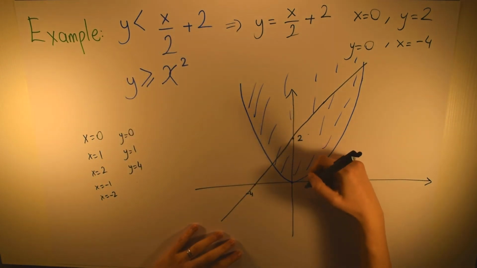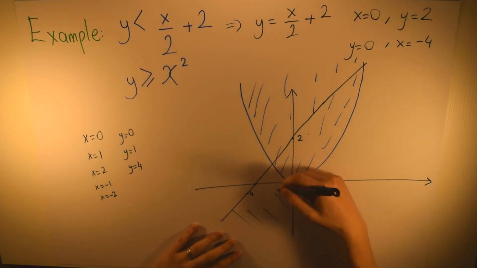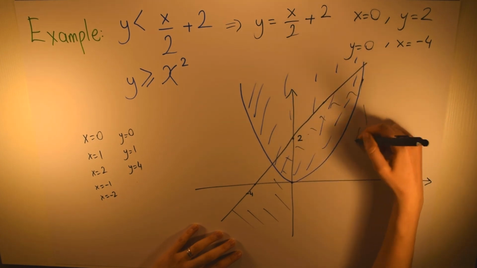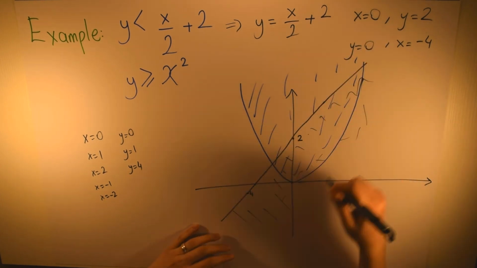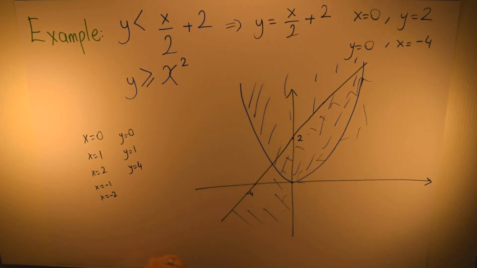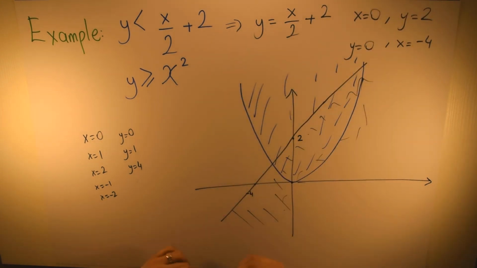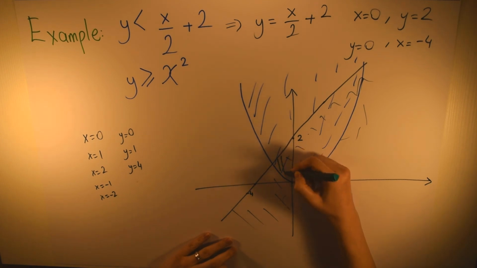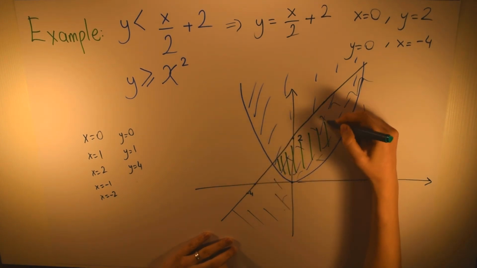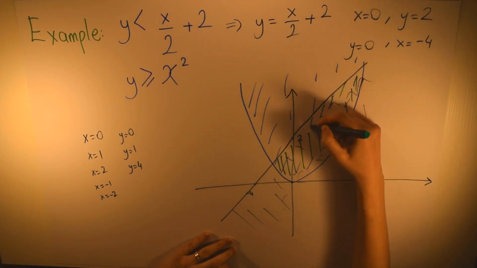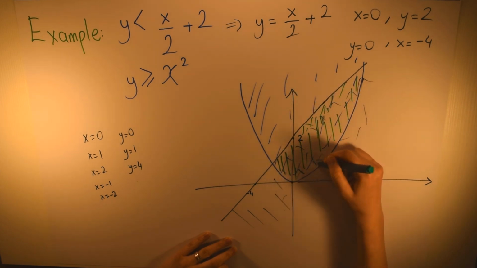That's why this part we will draw, okay? So this part. So where's the common part of these two inequalities? It's here, right? So this part of this graph is your answer to this example.